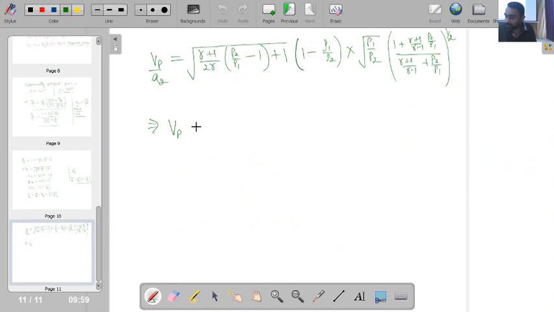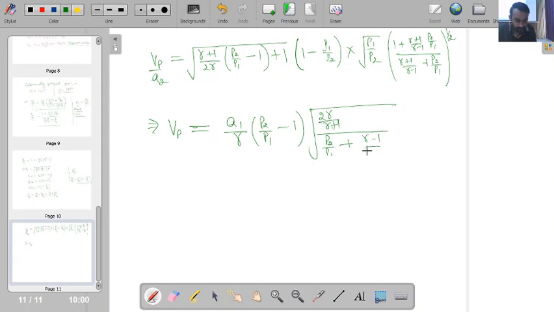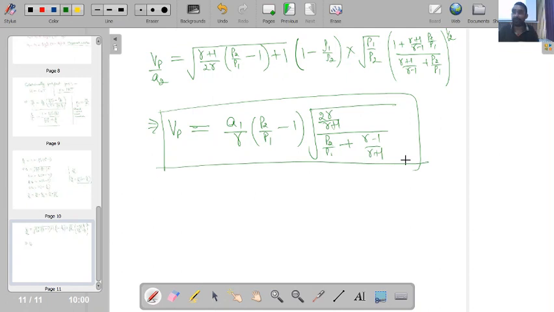If I only calculate the value of Vp, that comes out to be A1 by gamma into P2 by P1 minus 1, square root of 2 gamma by gamma plus 1 divided by P2 by P1 plus gamma minus 1 by gamma plus 1. So this is another important relation.